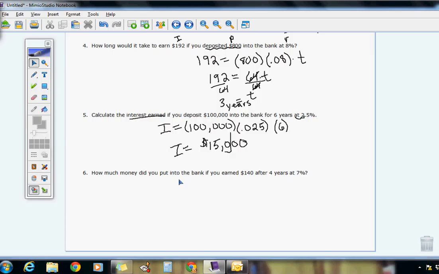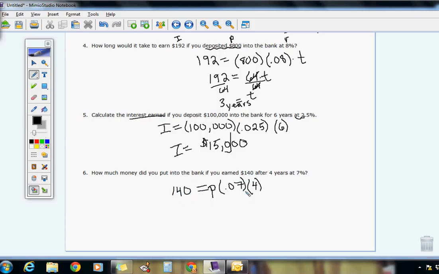All right, so next one, how much money did you put in the bank? That tells me I don't know the principal. So we're going to set up this problem with the variable being principal. We're going to multiply it by the rate, which is 0.07, and then multiply it by the time, which is 4, and the interest earned in this problem is $140.